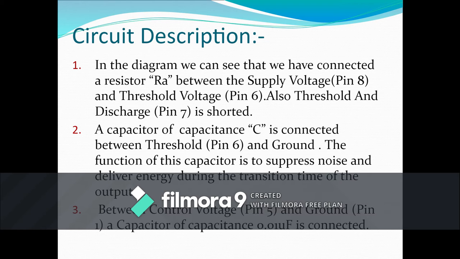A capacitor of capacitance C is connected between threshold and ground. The function of this capacitor is to suppress noise and deliver energy during the transition time of the output. Between control voltage pin 5 and ground, a capacitor of capacitance 0.01 microfarad is connected. This is the circuit description.